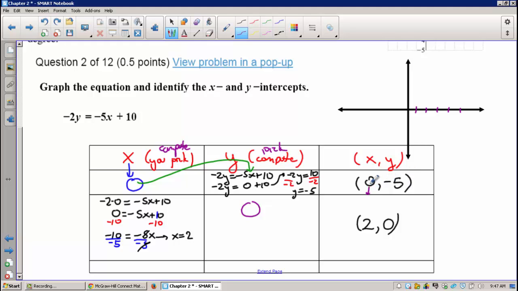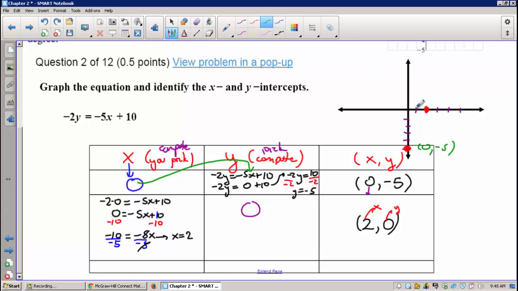That means you're not moving on x-axis. -5 is down here. 0, -5 is on y-axis. Okay, so this is 0, -5. And where is 2, 0? Oh, that's easy. This is x-axis, this is y-axis. If y-axis is 0, that means you're on the x-axis at 2.